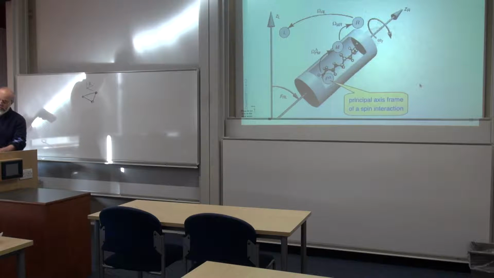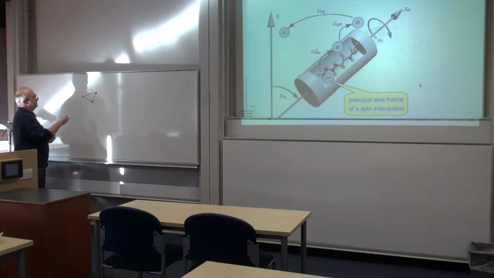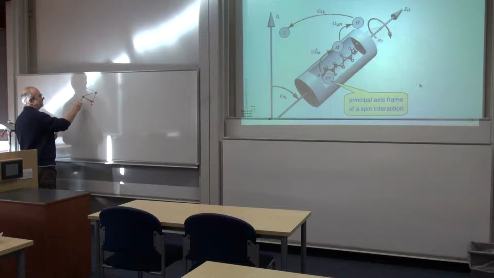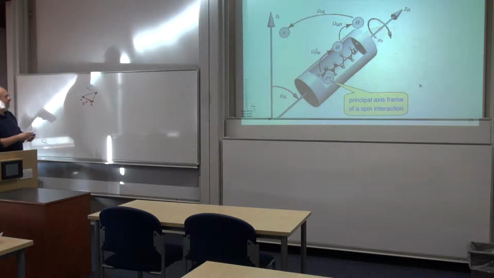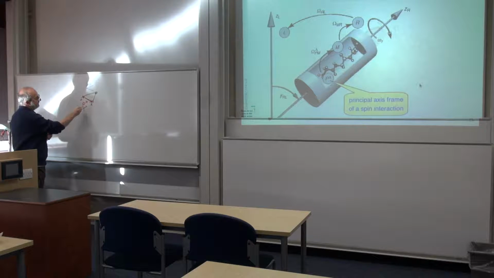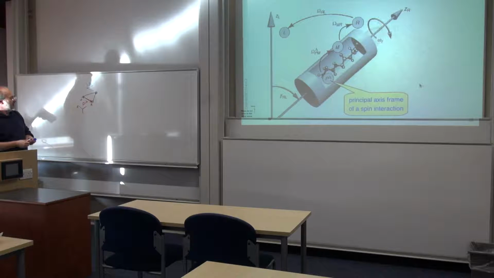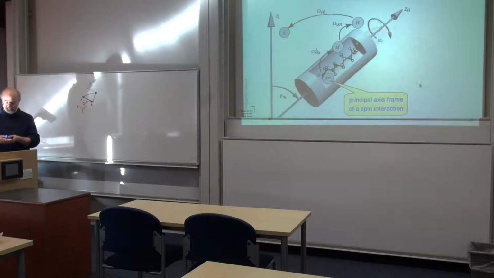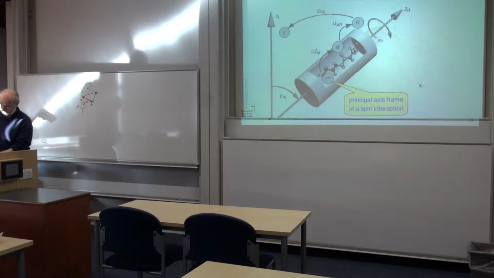So we keep that fixed to a particular molecule. But if we're interested in the dipole-dipole coupling between spins J and K, that will have a principal axis system with a z-axis along the JK vector.